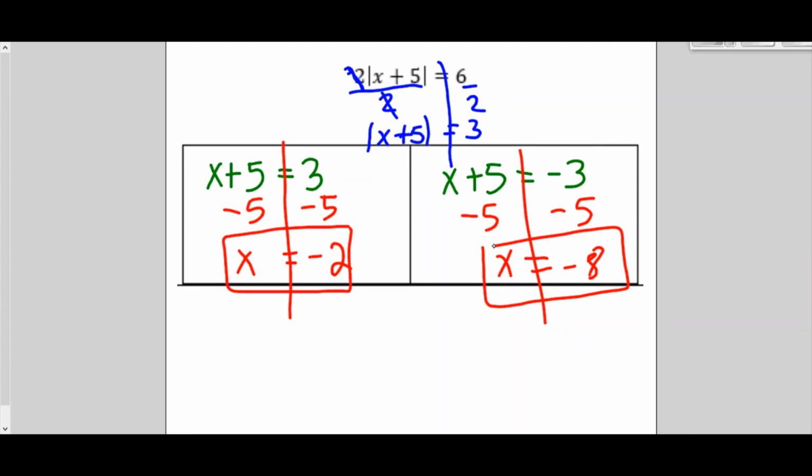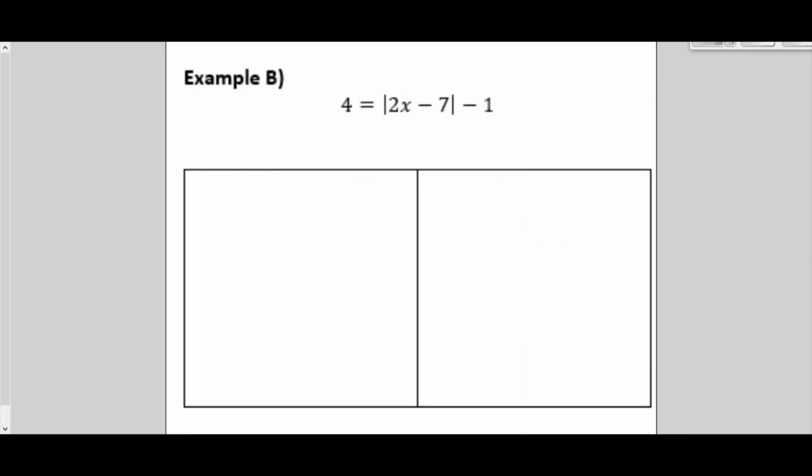So let me give you one more to try on your own. So I have 4 equals the absolute value of 2x minus 7 minus 1. So what I want you to notice is, first you need to check, is the absolute value all by itself? So that's the first thing you need to check. And here, notice there's this -1 outside the absolute value.